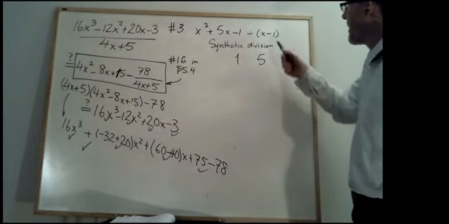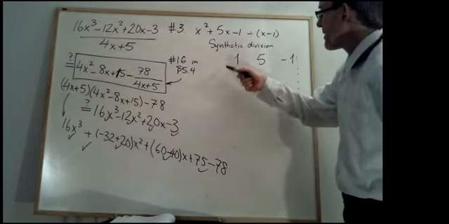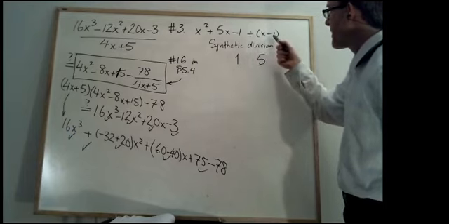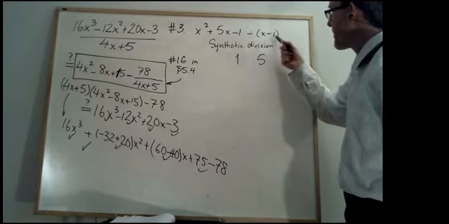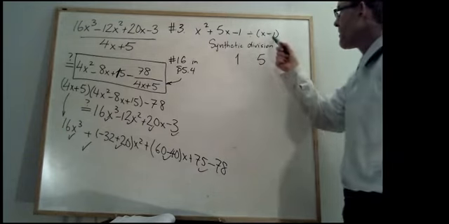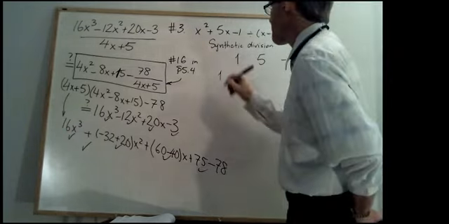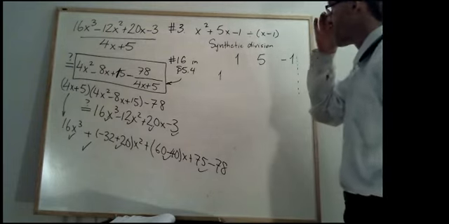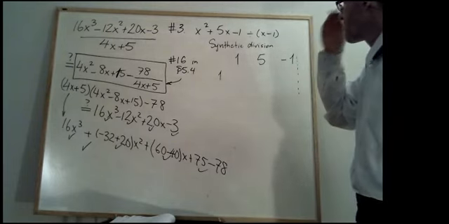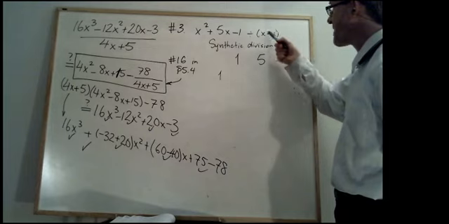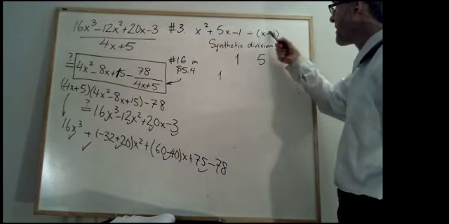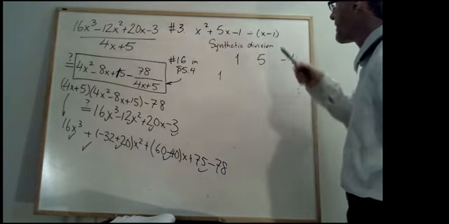Okay, and what you put down now is the root that you would get from this factor. The root is 1. x equals 1 makes this factor vanish. So that's actually what you put down, 1, not minus 1. So it's just the opposite sign of the constant term of that binomial.